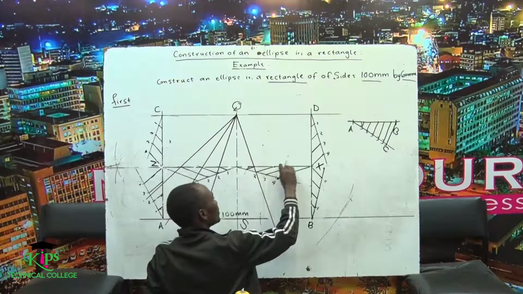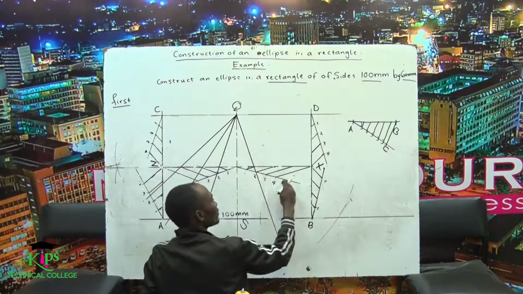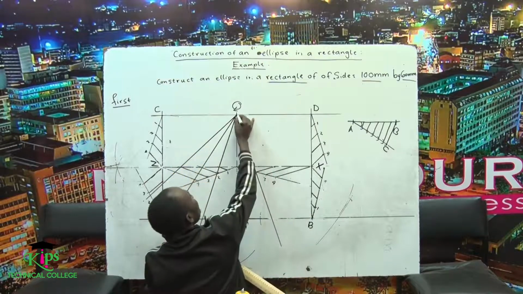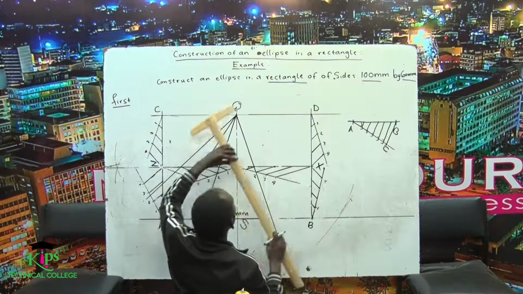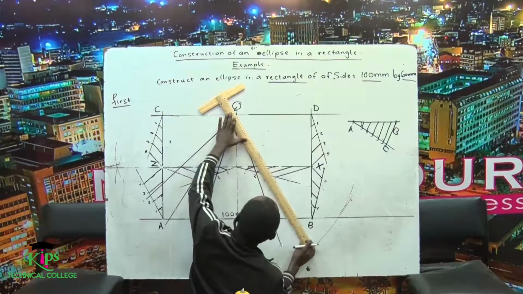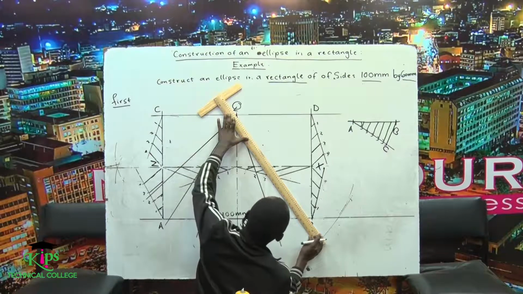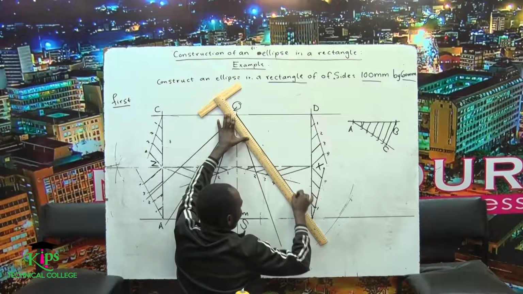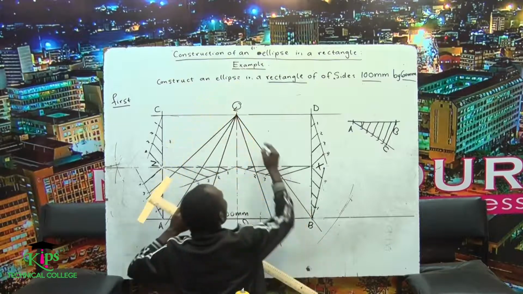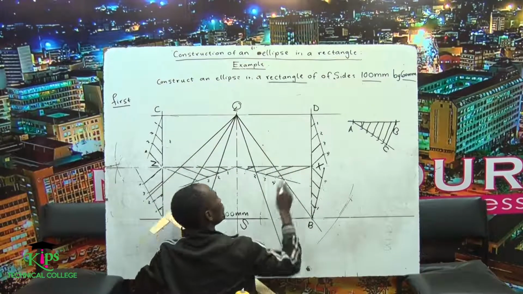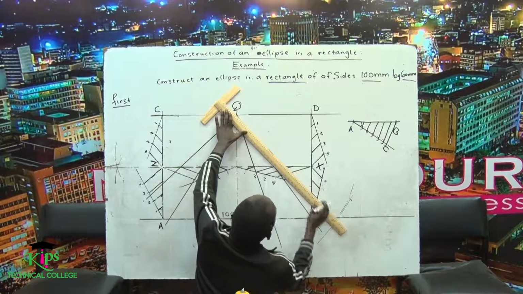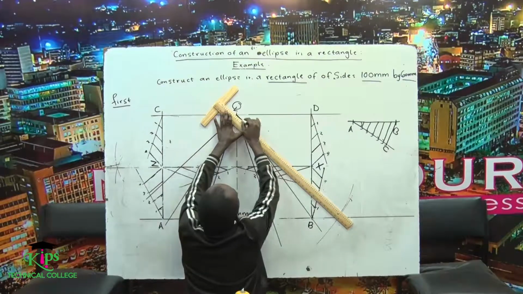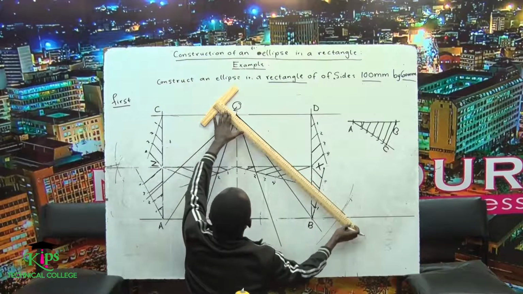Now that you are subdividing these lines, you should not draw them touching this. We are not interested in this line. We are only interested in this line. So the other one will pass from Q to this point. Then from Q to this point. Like that.